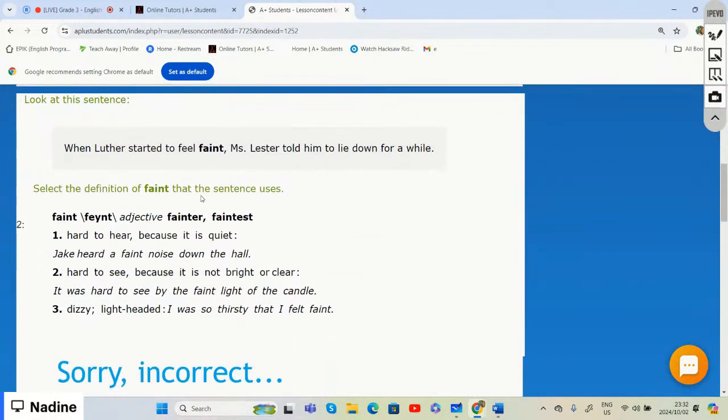It says when Luther started to feel faint, Miss Lister told him to lie down for a while.